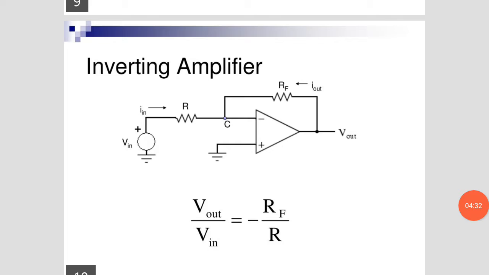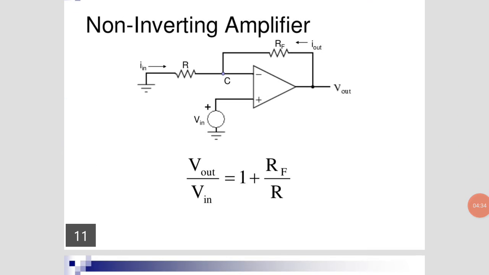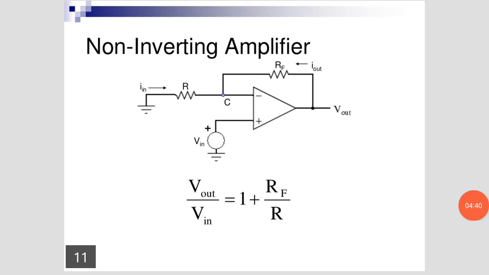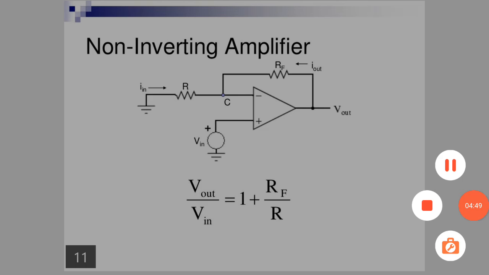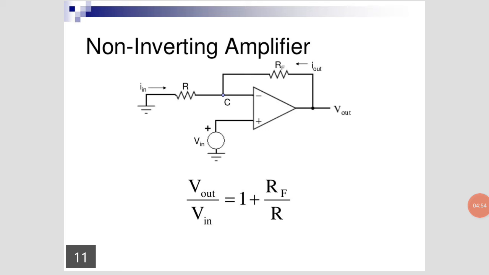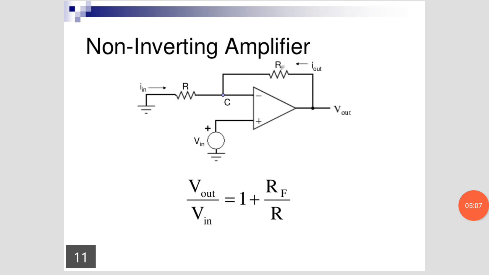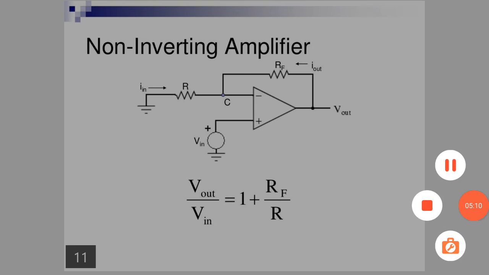After that, we see the non-inverting amplifier. In the non-inverting amplifier, the input is given to the non-inverting terminal, that is plus. So at the plus terminal we give the input Vin. The negative terminal, minus, is connected to the ground.